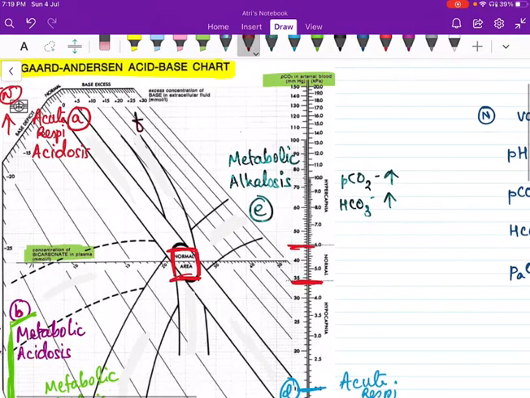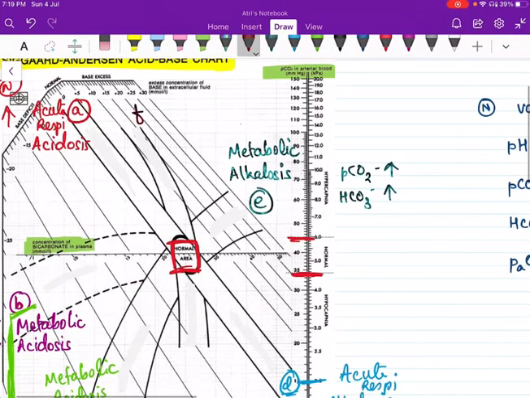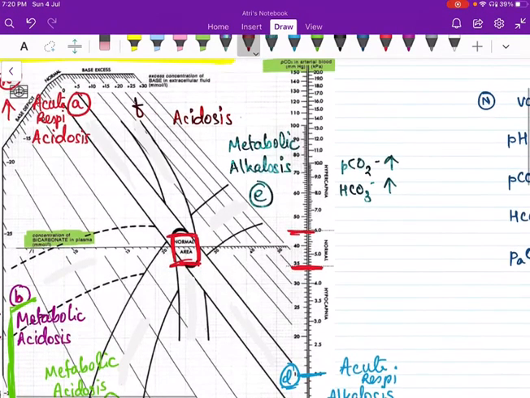Coming to point F, it is slightly towards acidosis side. So we can say that this is acidosis. But remember, pH can also be normal. Normal pH does not rule out any acid-base disorder, as compensation is done by our body. Now, what about PCO2 and bicarbonate levels here? If we trace bicarbonate, they will be more than 26. So bicarbonate levels increased.